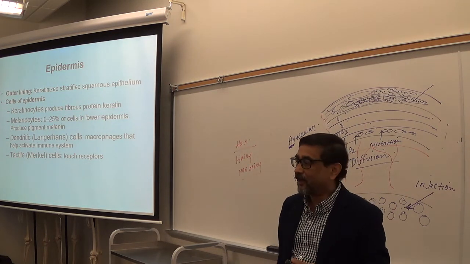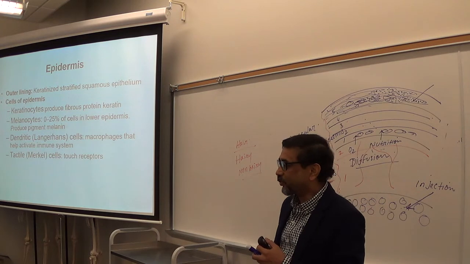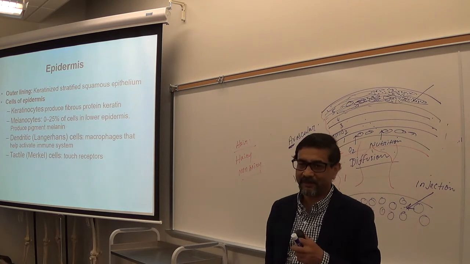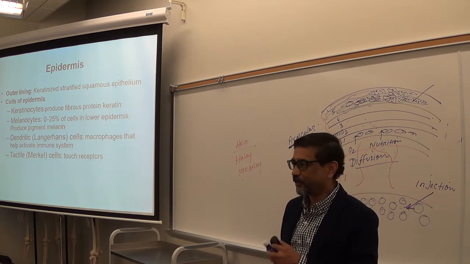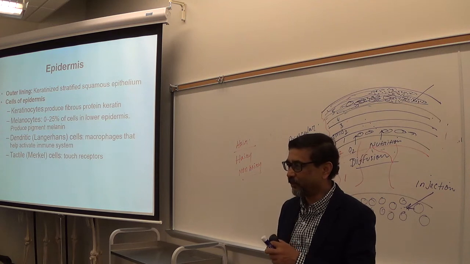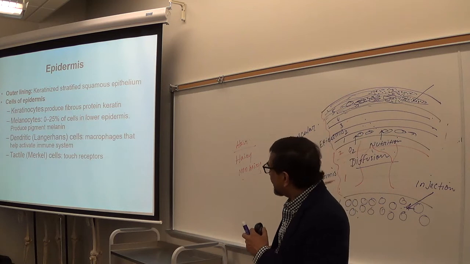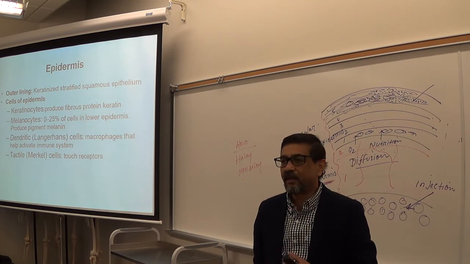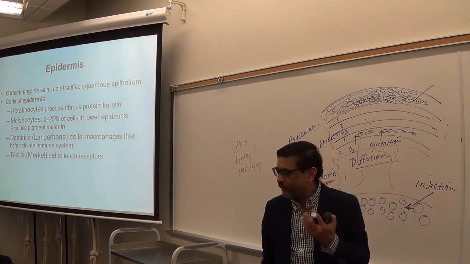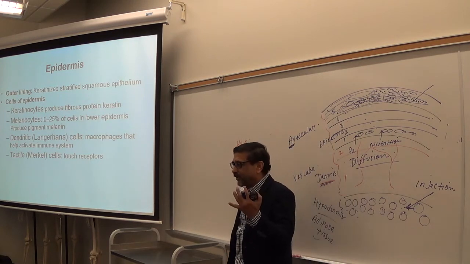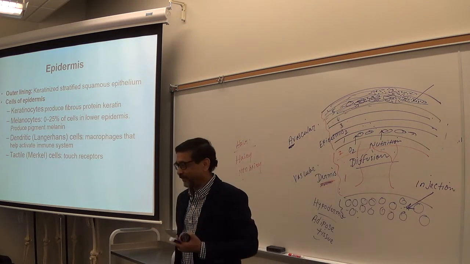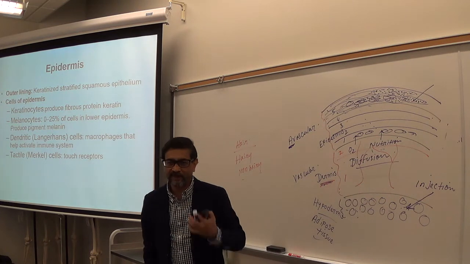Now, anyway, so keratinocytes produce what? Keratin, right? That highly specialized protein that gives waterproofness and toughness. Instead of toughness, I would prefer the word I was looking for, durability. Durability.